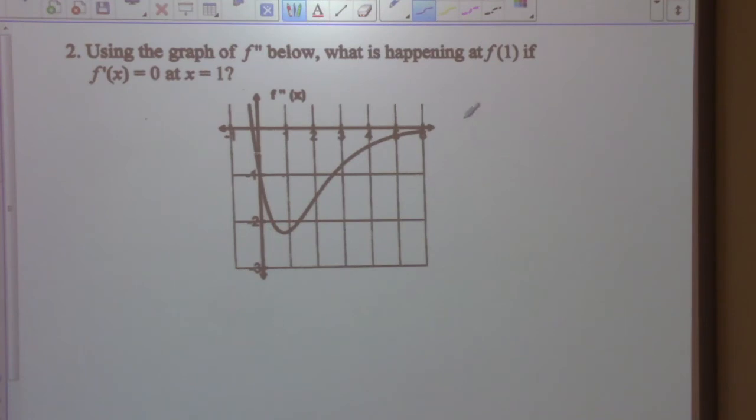Yes, we'll say relative max at x equals 1, because f double prime of 1 is less than 0, and f prime of 1 is equal to 0. Right?